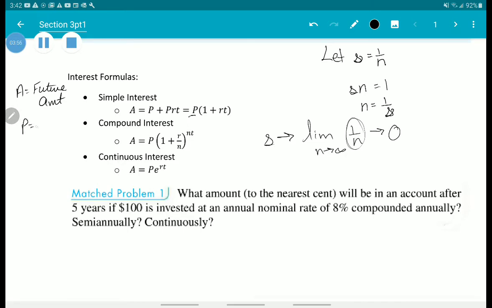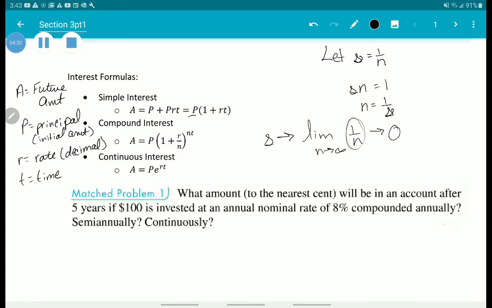P is your principal, the initial amount that you're investing. R is your interest rate, which has to be written as a decimal. And T is time.